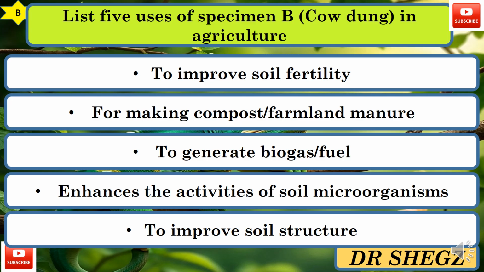In fact, there was a year they had to ask if they mixed it with sawdust to form farmland manure. So for making compost and farmland manure, generates biogas, enhance the activities of soil microorganisms, and of course improve soil structure.